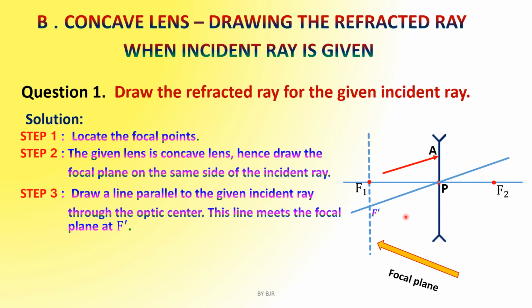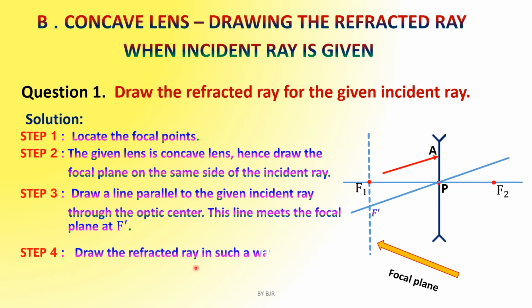Next, in step 4, we have to draw the refracted ray in such a way that it appears to be coming from F dash. We should not draw the refracted ray directly from F dash. We have to draw the refracted ray only from point A, but that ray should appear to be coming from point F dash like this. That is step 4.